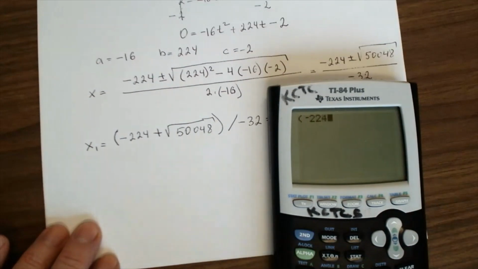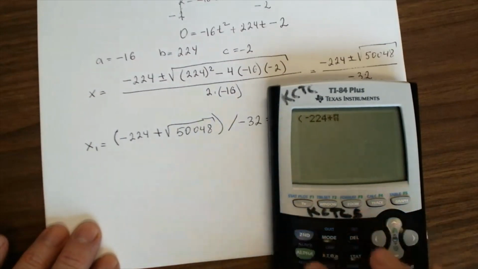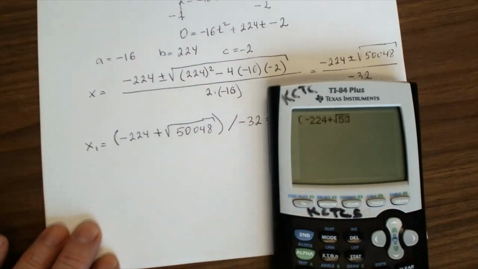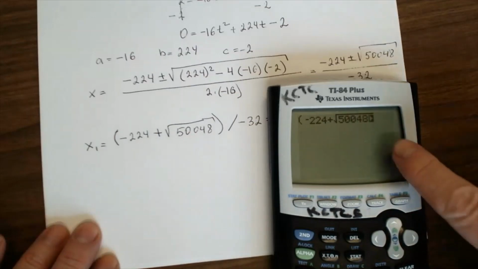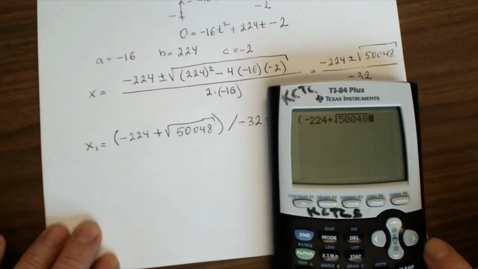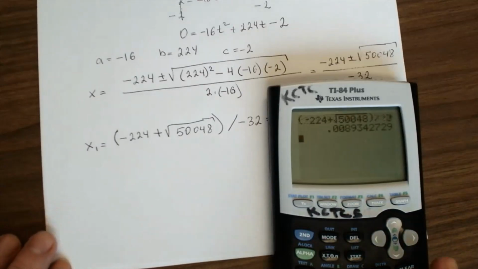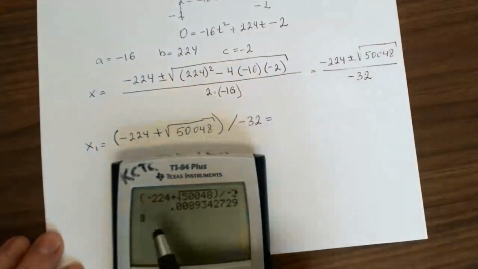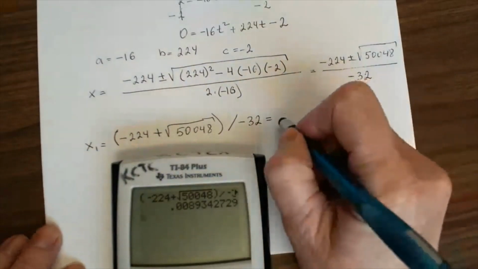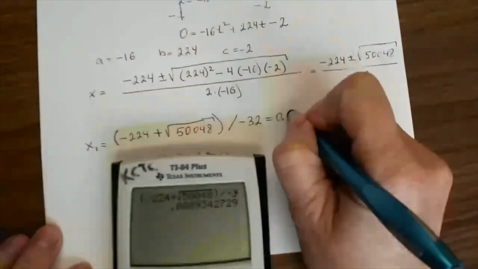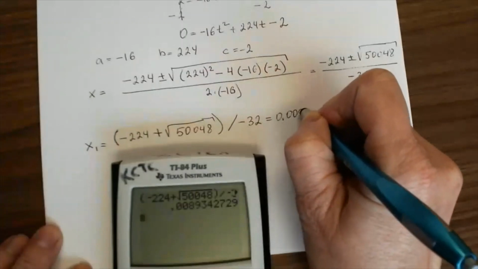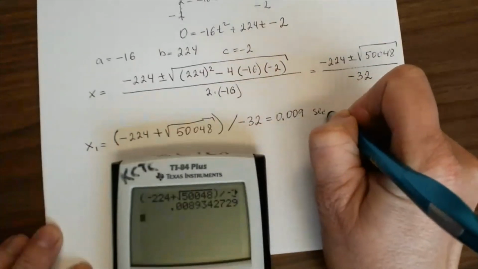Negative 224 plus square root of 50,048. Be careful here, you have to press this button to get under the radical, close the parentheses, divide by negative 32, and we will round to 3 decimal places, so it will be 0.009 seconds.